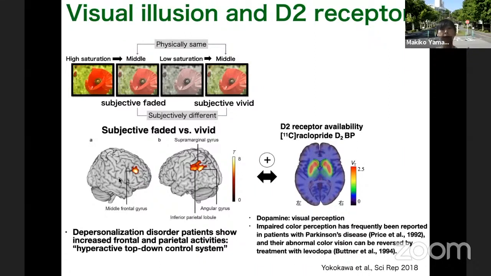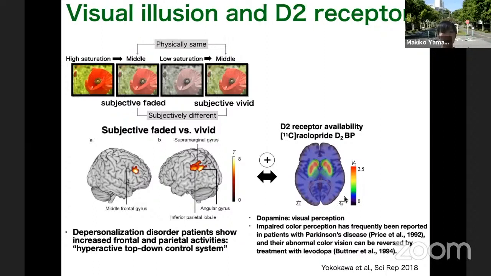And then this individual difference in brain activation was associated with D2 receptor availability in the striatum. In previous pharmacological studies, increasing dopamine using a drug induces visual distortion. Therefore, there are several pieces of evidence that dopamine is important for visual perception.